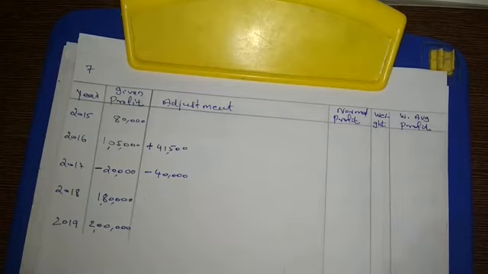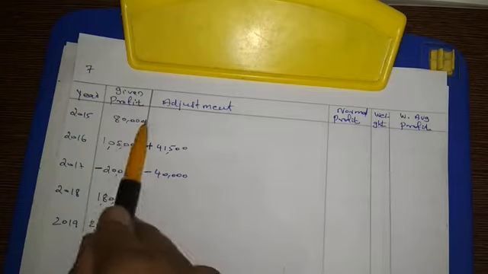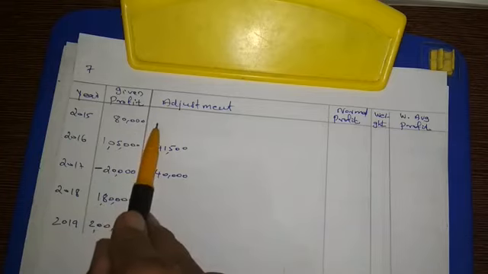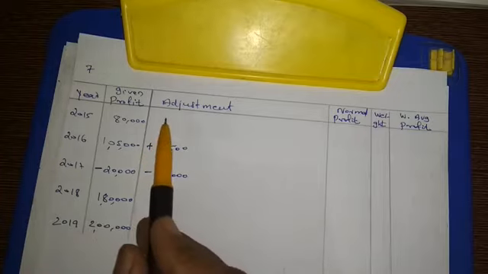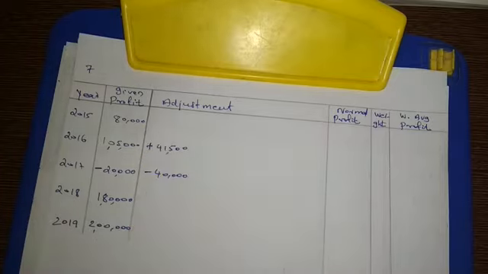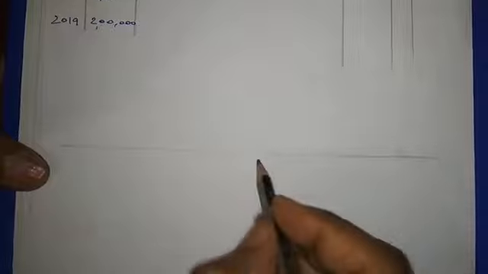Now we are coming to that paragraph given: books of account of the firm revealed that closing stock on 31st March 2015 was overvalued by 40,000. So it is coming in this year. Do you know what will happen if a closing stock is overvalued? This is the trading and profit and loss account.